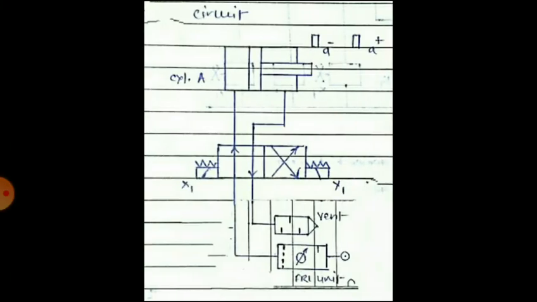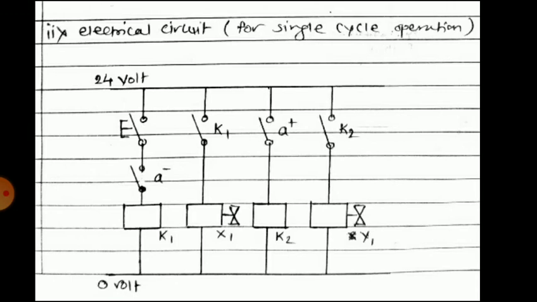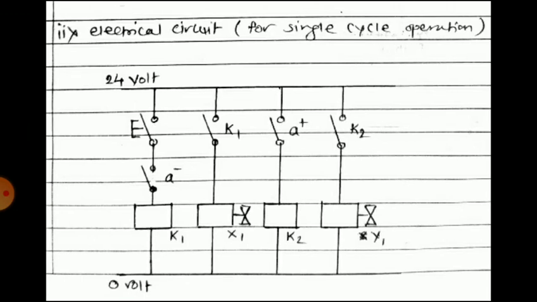So you can see in the diagram, when solenoid Y1 is energized, it changes the position of the direction control valve so that there are cross flows. The pressure port is connected to working port B, and working port A is connected to vent, so that there is a return stroke of the cylinder, that is A minus. So this is the sequence A plus A minus.